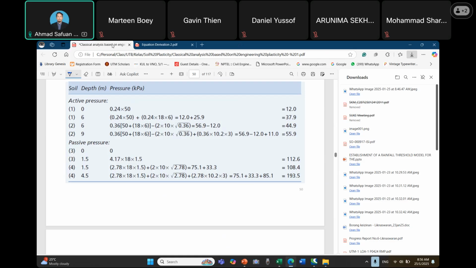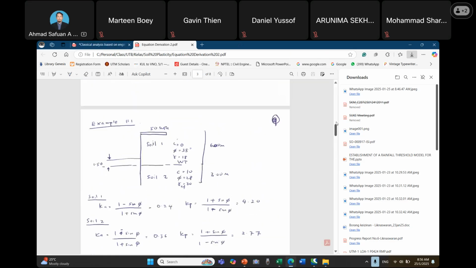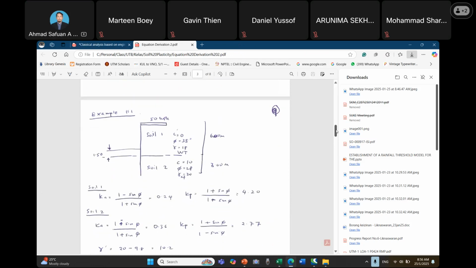So for this case, since there are two types of soil, which is soil number 1 and soil number 2, we need to determine the active lateral pressure at a depth of 6 meters.